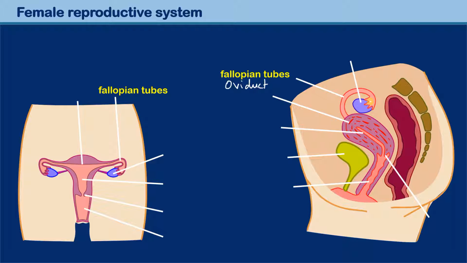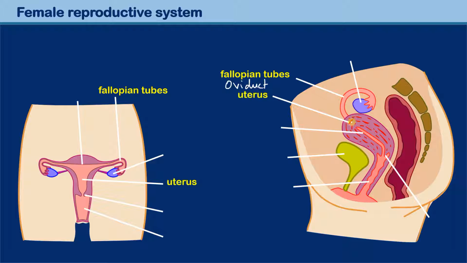You can see that there is not a straight connection, but it runs curved and joins up to the uterus. The egg cell travels from the ovary to the uterus over the fallopian tubes, and fertilization occurs most frequently inside the fallopian tubes.